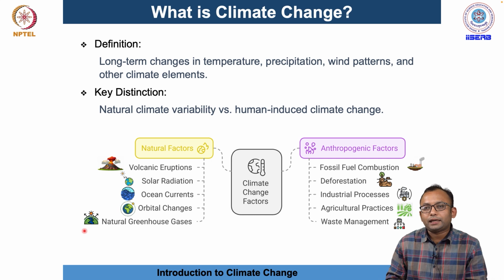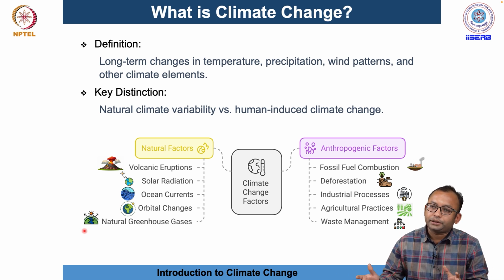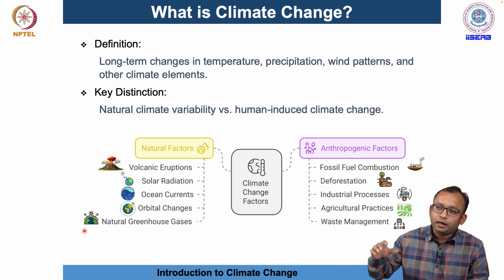So what exactly is climate change? As we just described, we say there is a long-term change in the temperature, precipitation, wind patterns, or other climate elements or meteorological properties. We have recorded, say, the temperature and precipitation of one place, monthly values, and you have seasonal fluctuations and annual fluctuations.